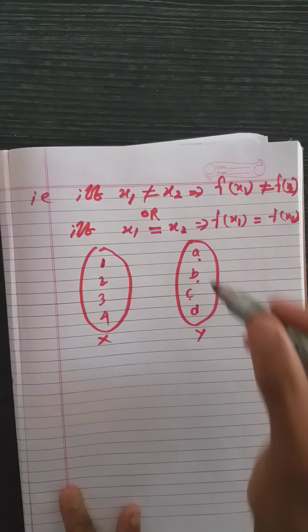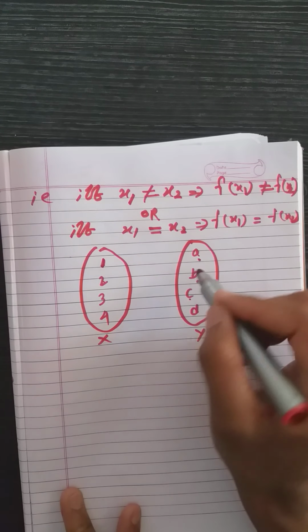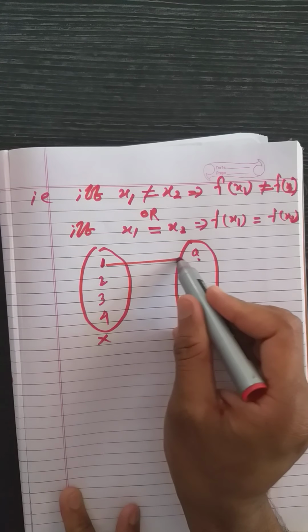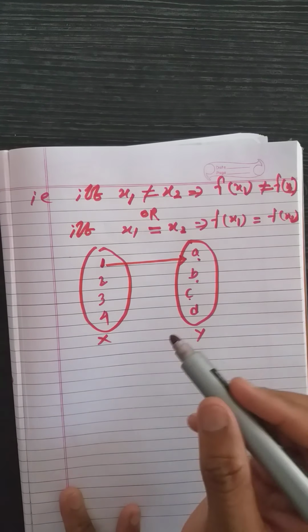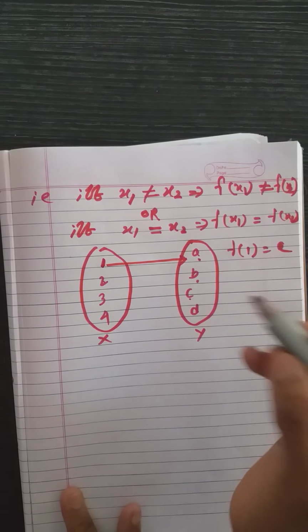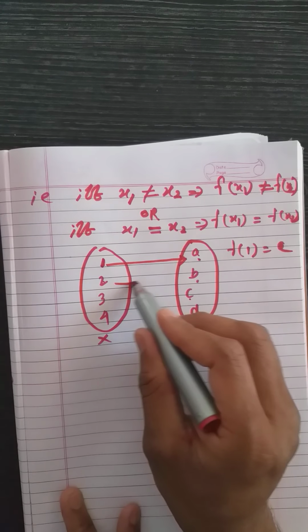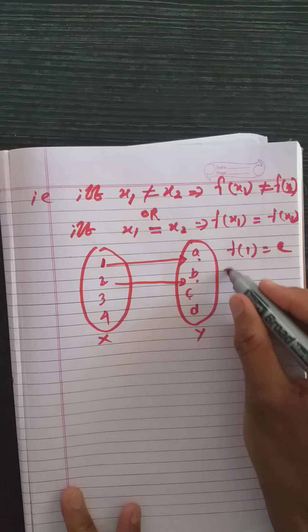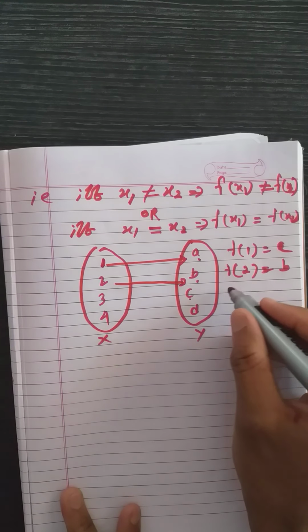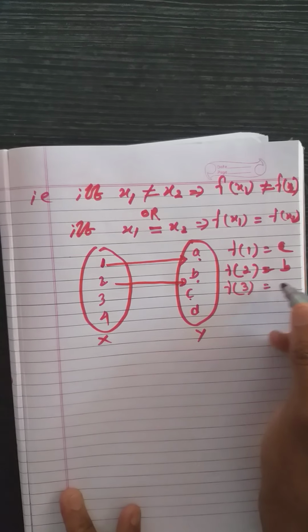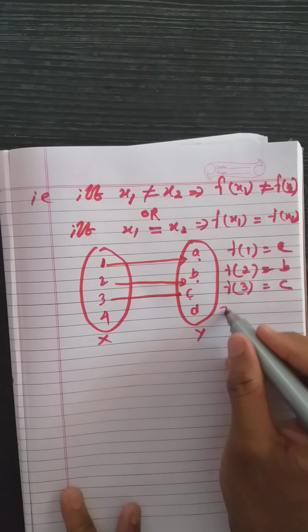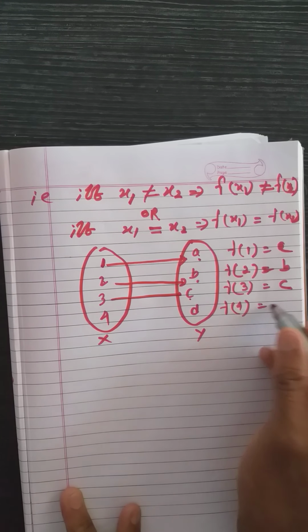Means elements in Y are the images of elements in X. Let us suppose the image of 1 is a, denoted by f(1) = a. The image of 2 is b, denoted by f(2) = b. The image of 3 is, let us suppose, c, f(3) = c, and the image of 4, f(4) = d.